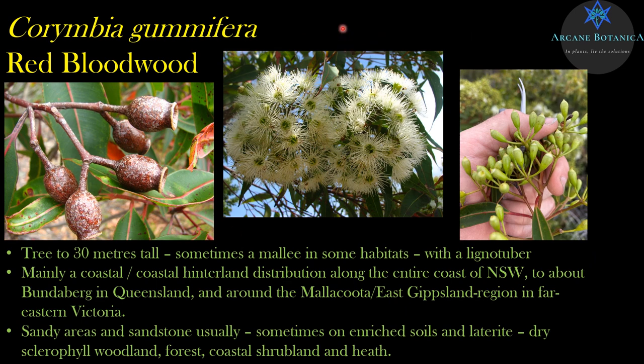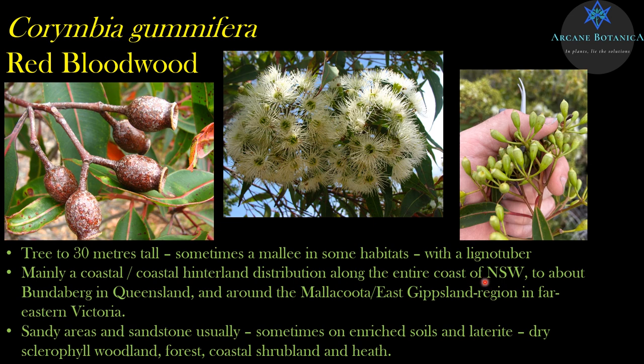This is a common Sydney eucalypt called Corymbia gummifera, the red bloodwood. A very common tree you can find on the sandy areas, Hawkesbury sandstone areas around Sydney, and further afield, pretty much up and down the New South Wales coast. So it's got mainly a coastal hinterland distribution along the entire coast of New South Wales.